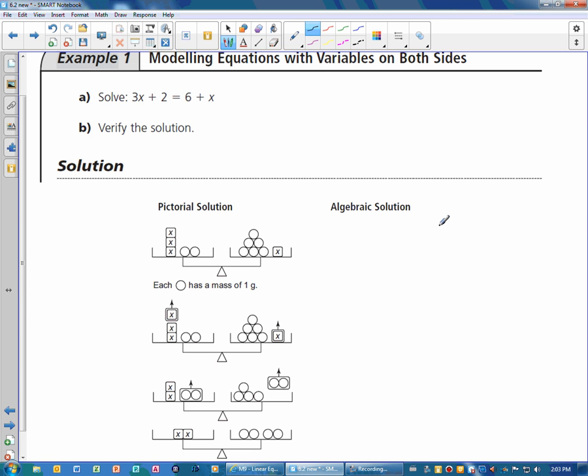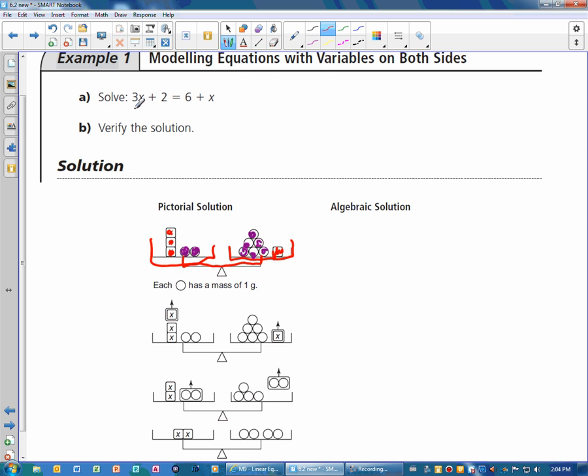Okay? So starting over here, they have drawn a picture. Here's your balance. So you've got your two trays, tray 1 and tray 2, and it's sitting on a balance. And they're representing 3x by these 3 boxes here, and then they're representing plus 2 with these 2 circles. On the other side, they've got 6, 1, 2, 3, 4, 5, 6, and plus an x, so they've got that square.